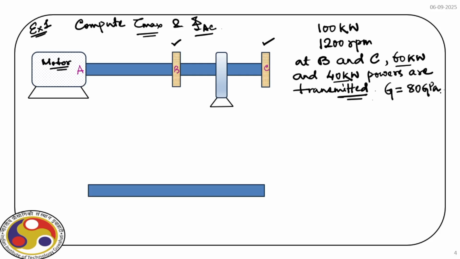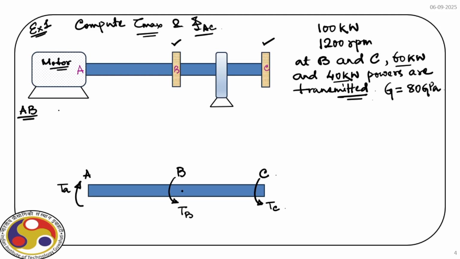So let us first draw the free body diagram. So we have A, B, C, and then say we apply TA here. Then at this point we have TB and TC. Okay. So now let us first focus on the segment AB.